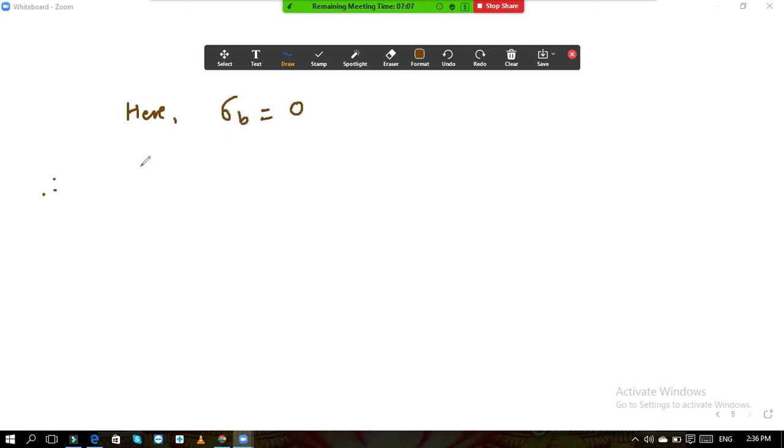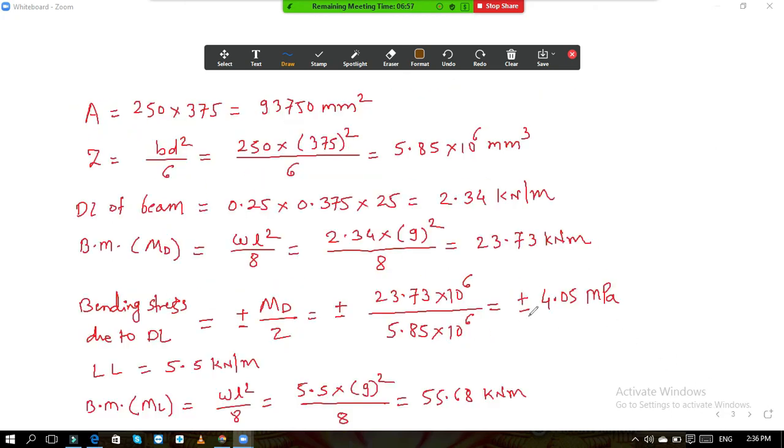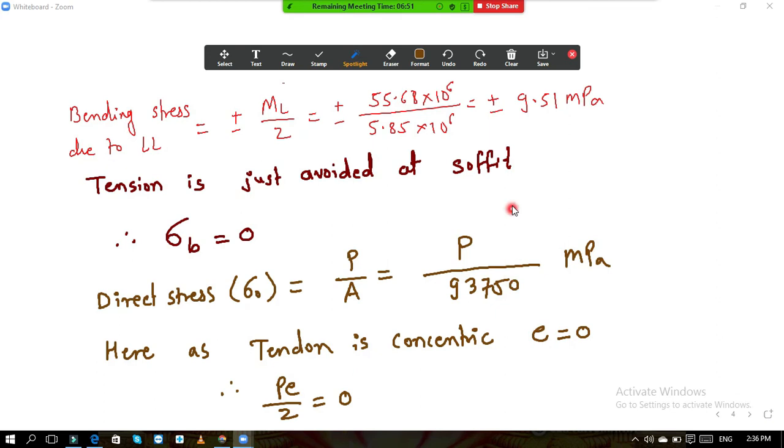So therefore P divided by 93750 minus, at bottom it is minus. You can see the sign minus at the bottom here also. This minus is at the bottom for dead load, and for live load also minus is at the bottom.